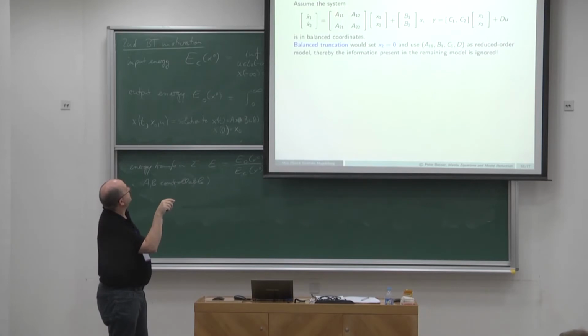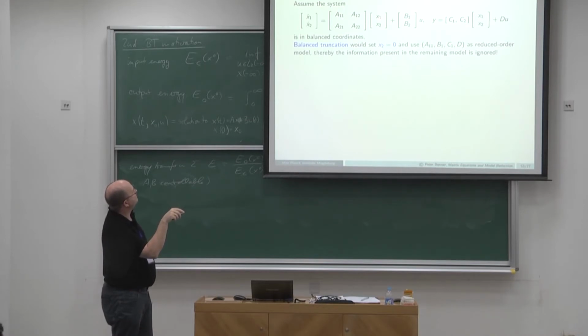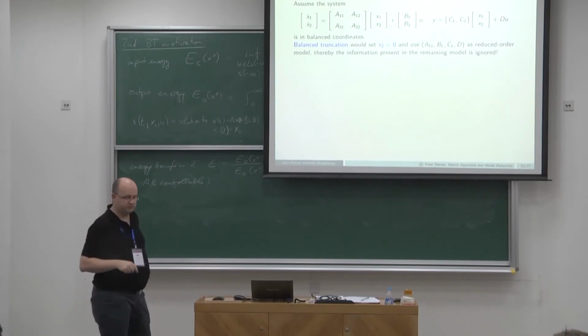And then you obtain just this first equation, x1 dot is equal to A11 x1 plus B1 u, and y is equal to C1 x1 plus Du.